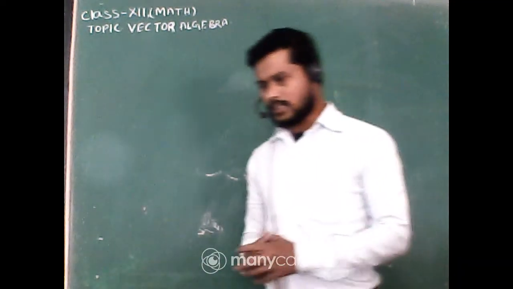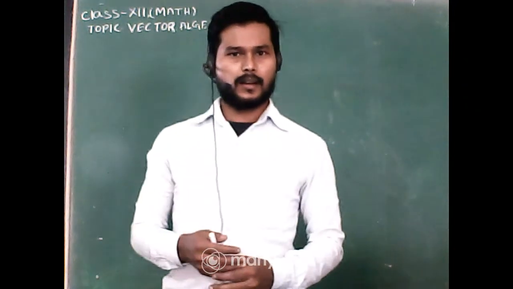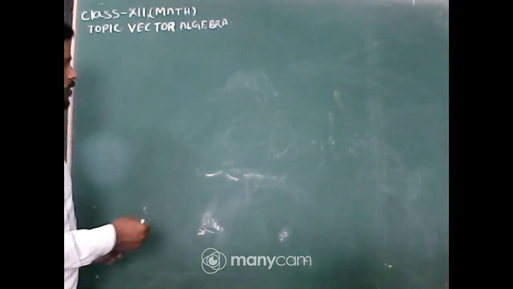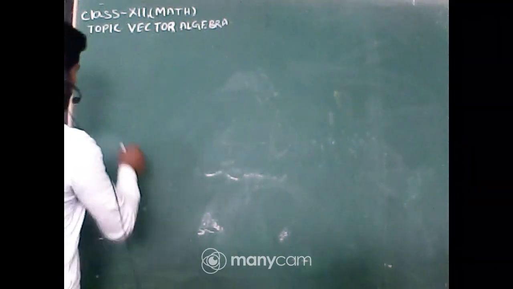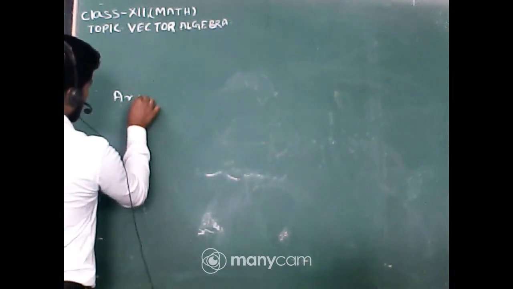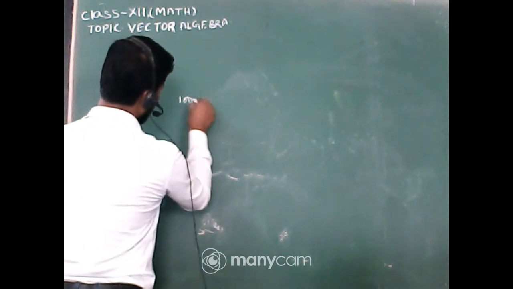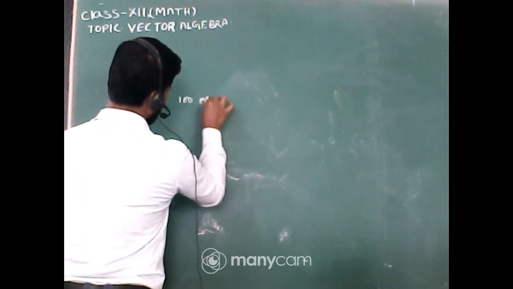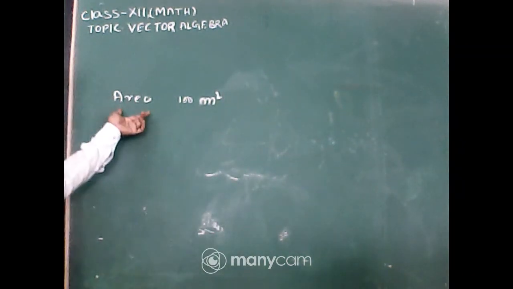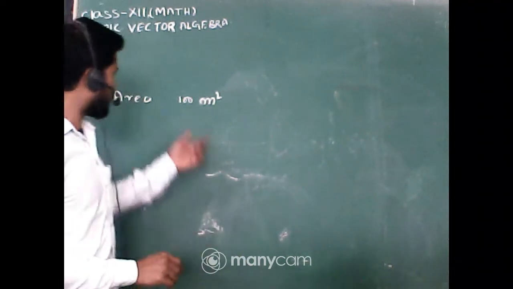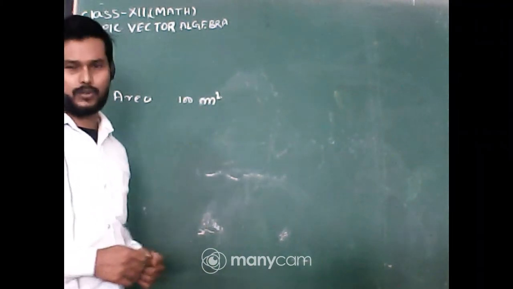For example, area of a field. Suppose this is 100 square meter. What type of quantity is the area? Obviously area is a scalar quantity because it has only magnitude.